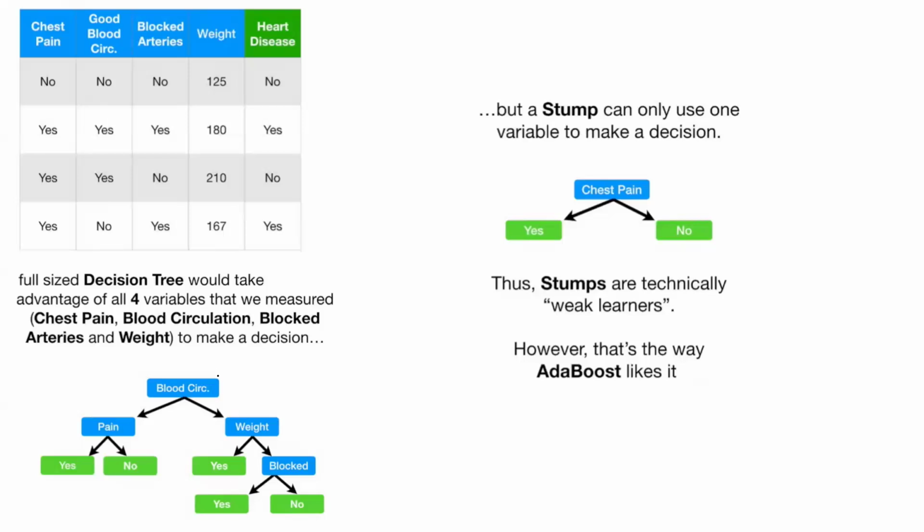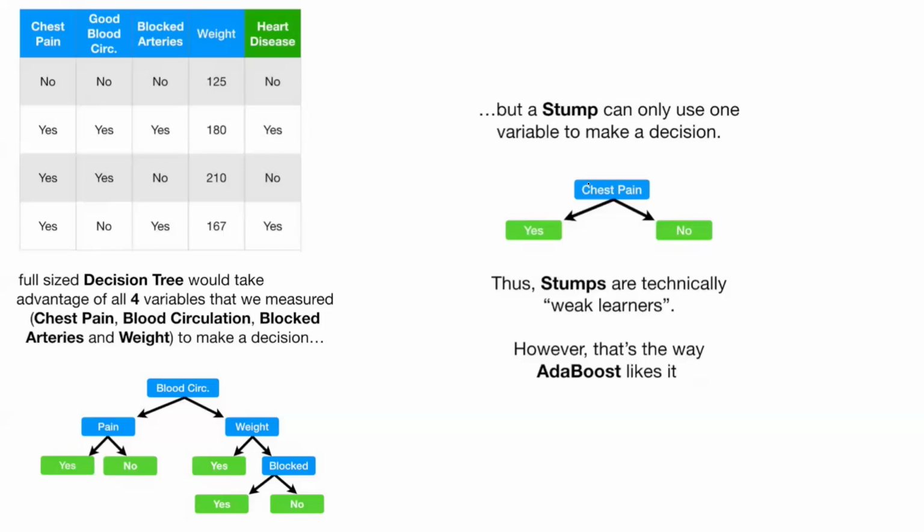And there is no restriction on the size of the tree. There is no constraint. This is how a decision tree in random forest will look. But in AdaBoost, we use stumps and the stump can only use one variable to make a decision. So it cannot use all the four variables because in AdaBoost we only work with stumps, and a stump can make use of only one dimension or one variable.